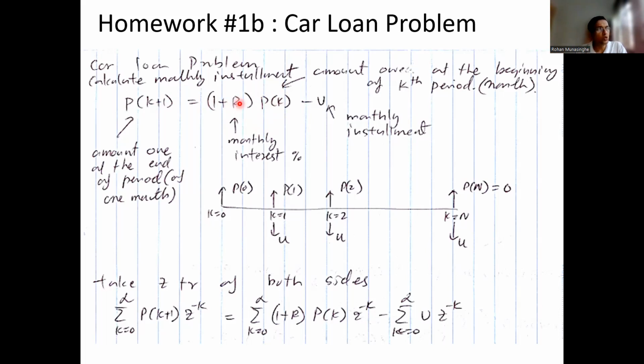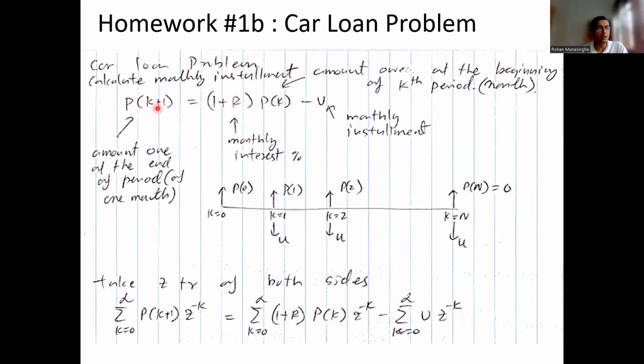The R is actually the monthly interest rate, not the annual interest rate, but monthly. So if you receive, say, 100 rupees today at the monthly rate of 10%, at the end of the month you have to pay 110 rupees, just like that. So that is this equation.